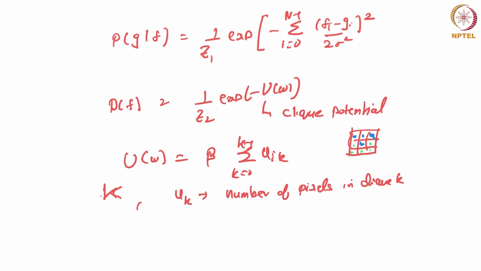Solving this problem is kind of hard because there are many arrangements of pixel values, and that becomes much harder to do. So one way you would solve this problem is to formulate P of F given G, which is what we saw there, and then write down how we are going to calculate F. That's more important.